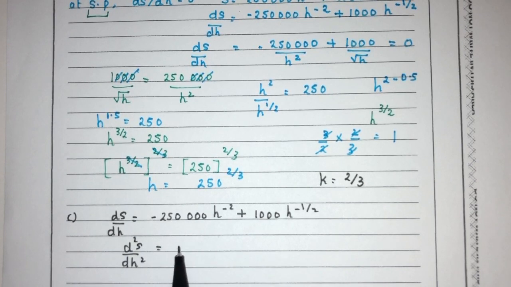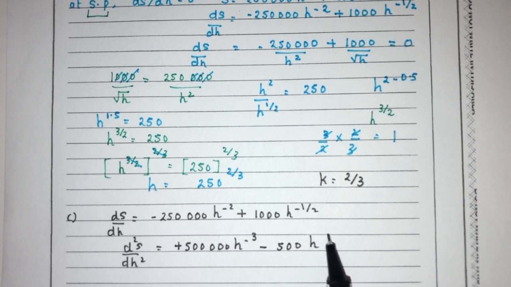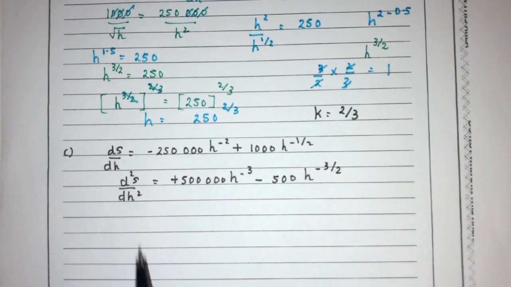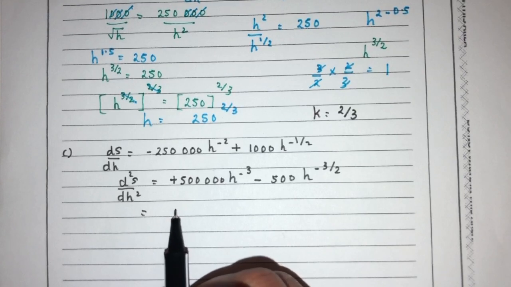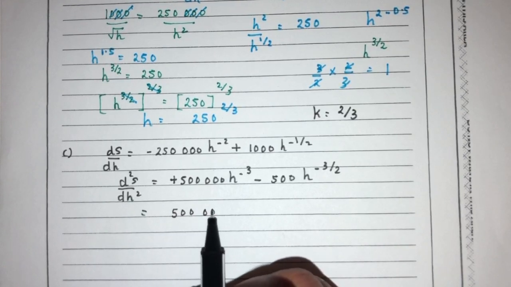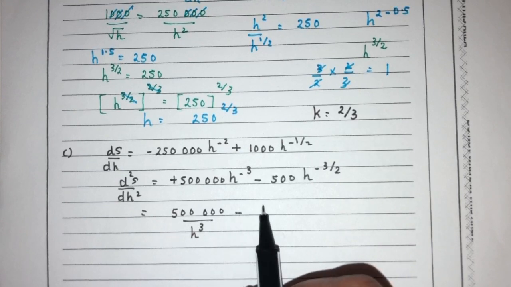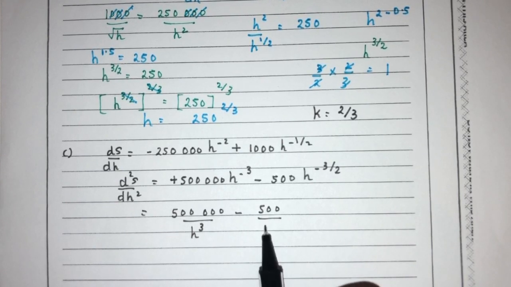That will give you what? That will give you plus 500,000 H power minus 3 minus 500 H power minus 3 over 2. So that also will simplify to what? That will simplify to 500,000 divided by H cubed minus 500 over H power 3 over 2.